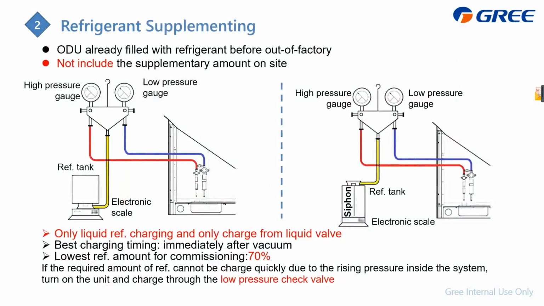And then when we charge the refrigerant, we can do the connection like this. This also connects through the pressure gauge, and here this pipe connects to the refrigerant tank, and the high pressure connects to the liquid pipe, and the low pressure pipe connects to the gas pipe when we charge the refrigerant.